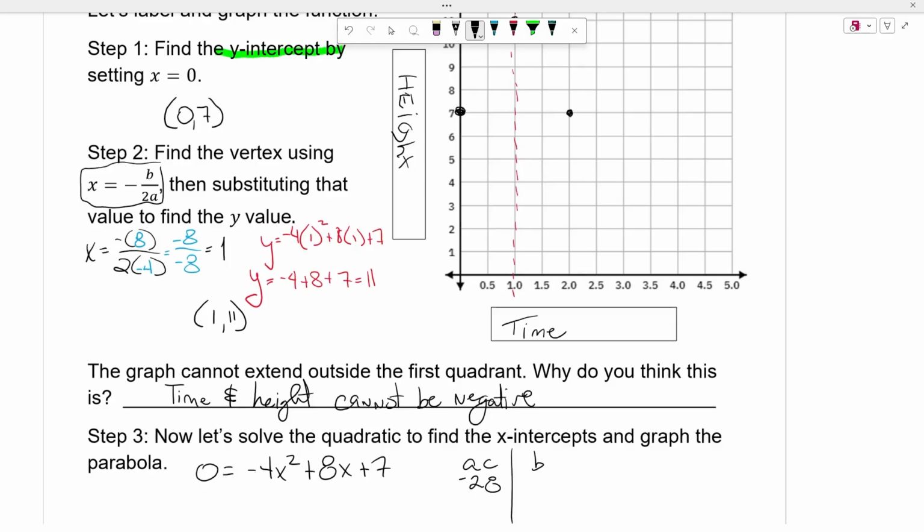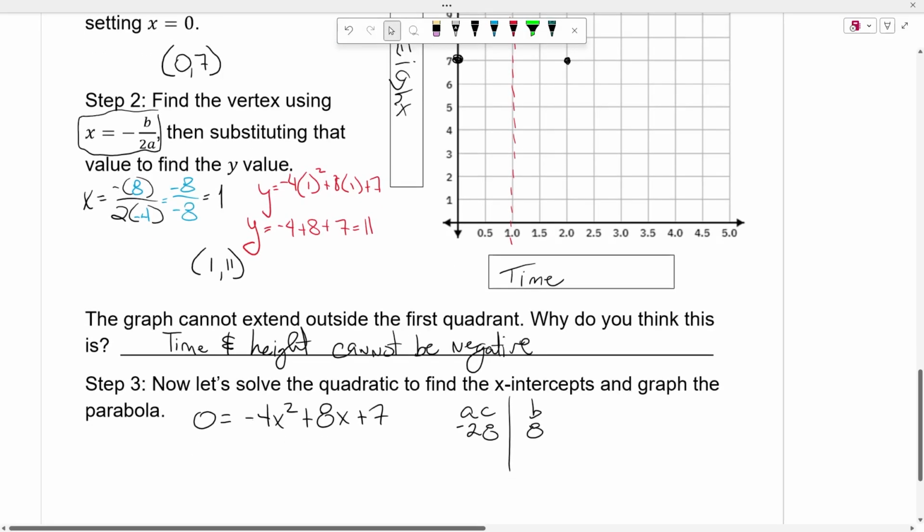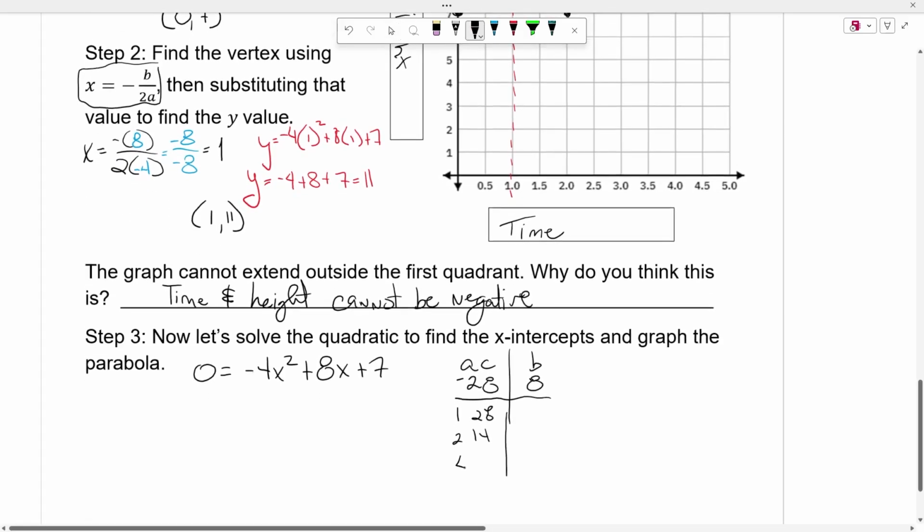And I have to get to a positive 8. Is there anything that I can multiply to get 28 but subtract to get 8? I start thinking about it. I have 1 and 28, 2 and 14, and 4 and 7. None of those are going to give me 8.